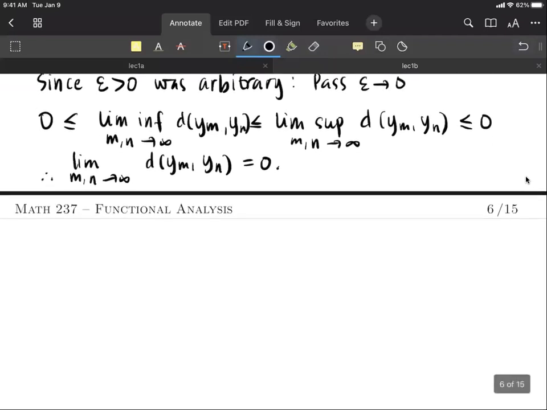This means, by definition, y_n is Cauchy in X.